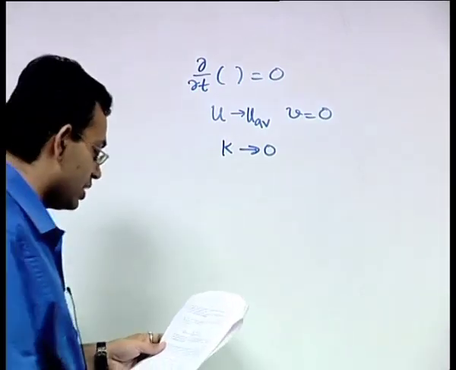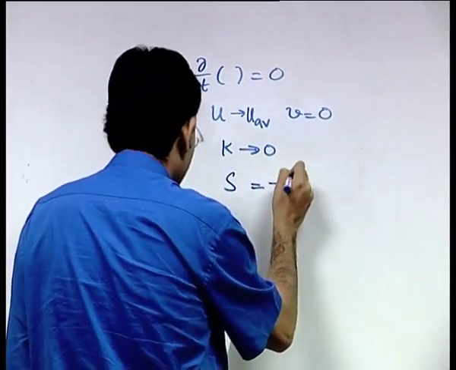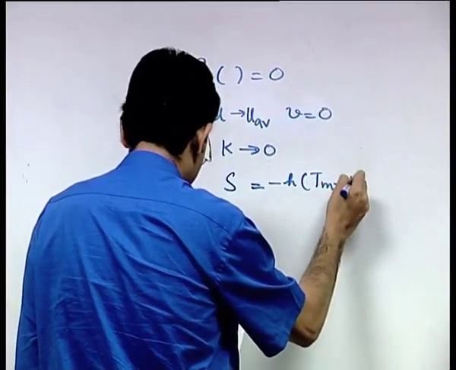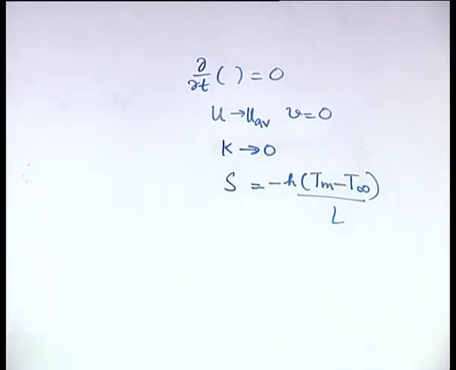Further you have a volumetric sink term which can be expressed as H into Tm minus T infinity by L, which is a heat loss term. And what is this Tm?